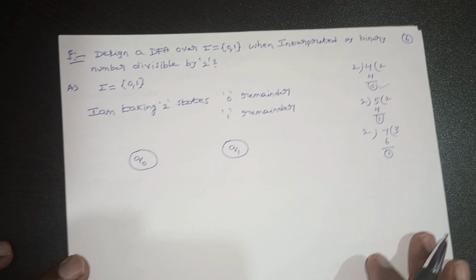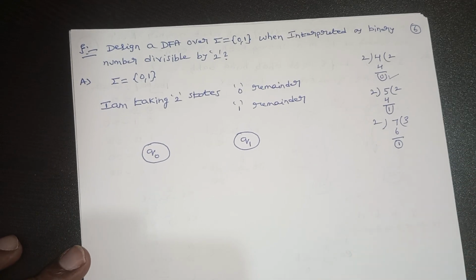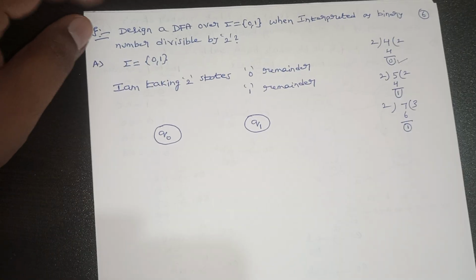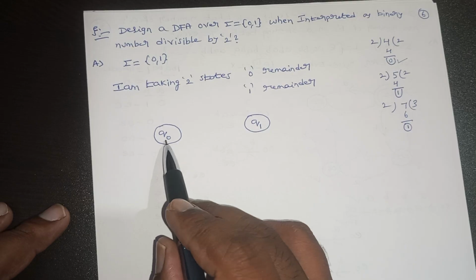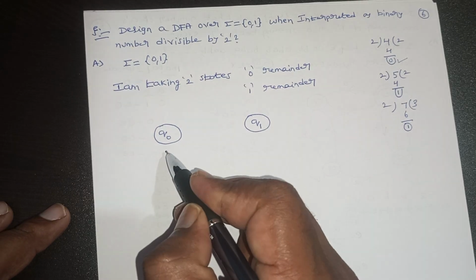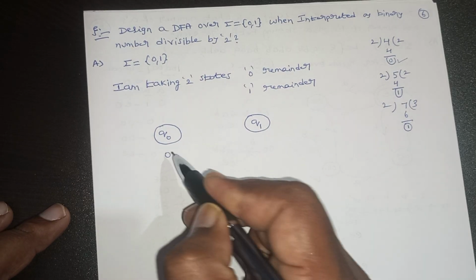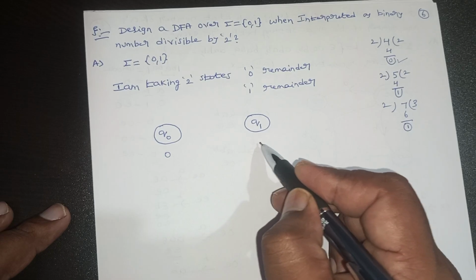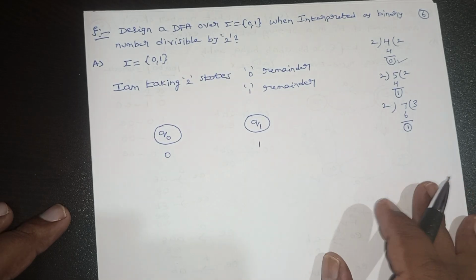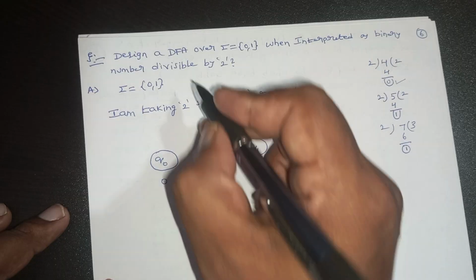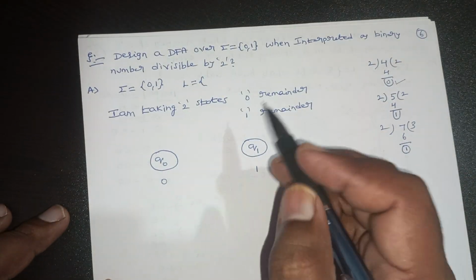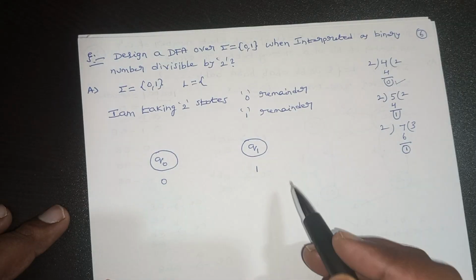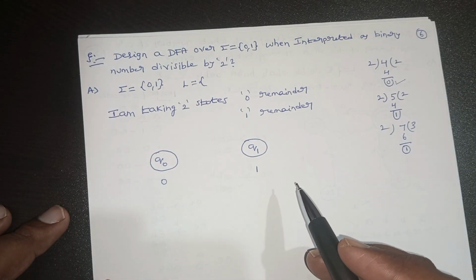Okay, now we'll see first. You write it like this. So for example, q0 is the 0 remainder class. What is q1? q1 is the 1 remainder class. First of all, you take 0.